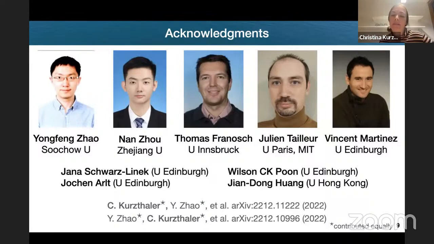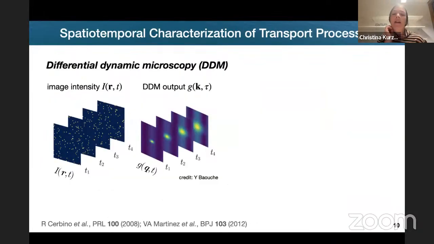And the experiments were done in the group of Wilson Poon at the University of Edinburgh, and they were led by Vincent Martinez. So this work has been going on for a while, but I think we finally made it. And so let me briefly explain to you how we measure these statistics.